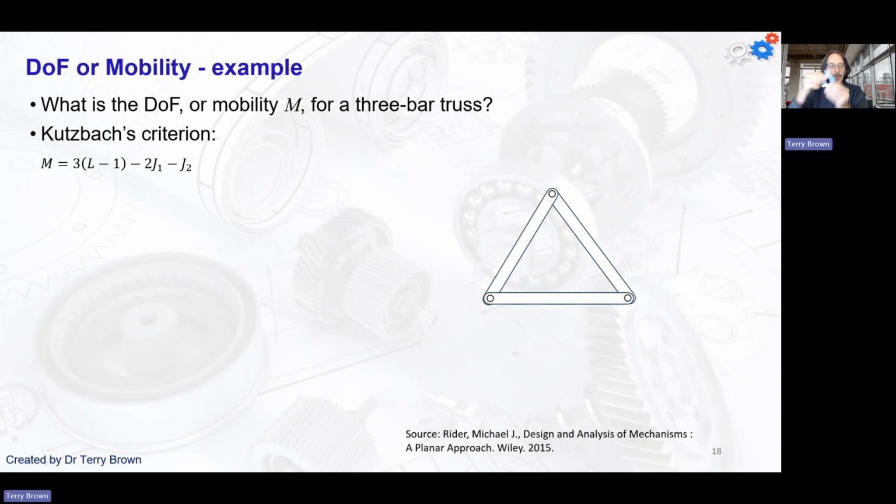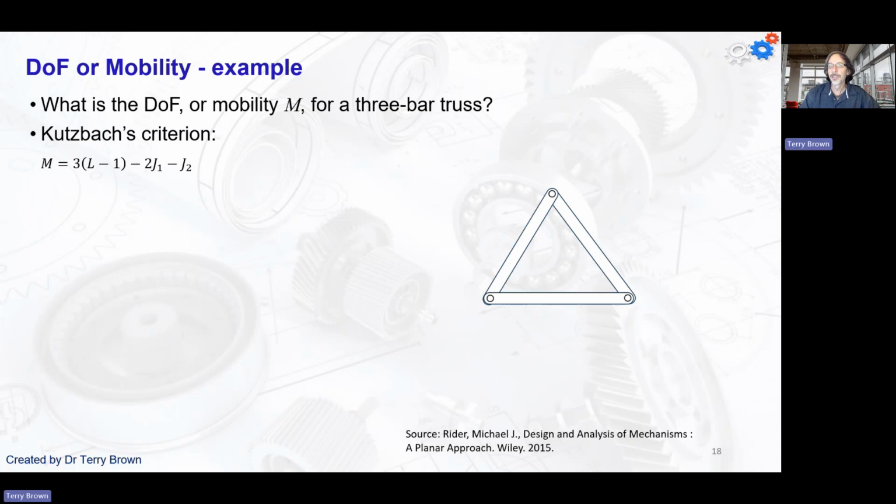So I've got 3 links connected, 1, 2, 3, and aside from the little bit of play in the clearance where the bolts go through the holes, that's a structure. I can't move the links relative to each other.